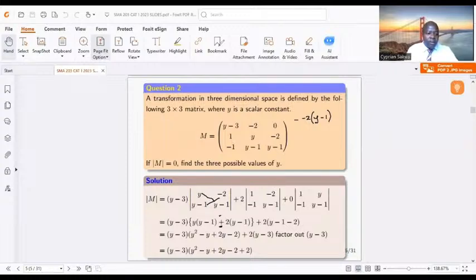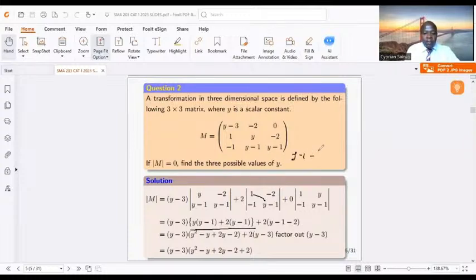So the determinant of this first matrix is this. Then multiply that. Now let's come to this. You have these two. Then the determinant of this matrix would be 1 multiplied by that, which would be y minus 1.